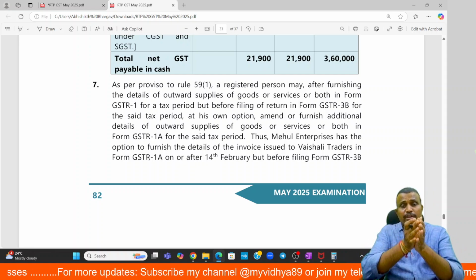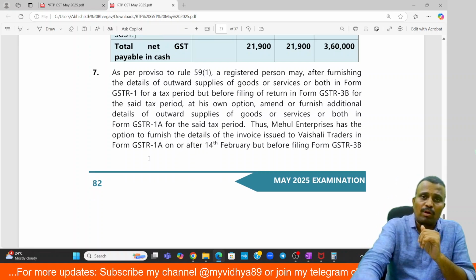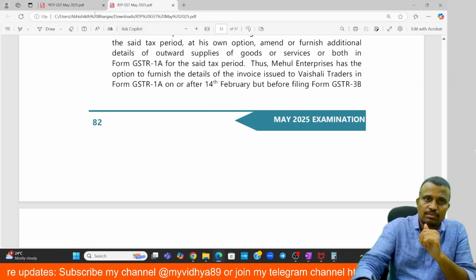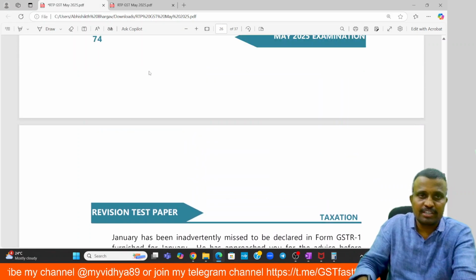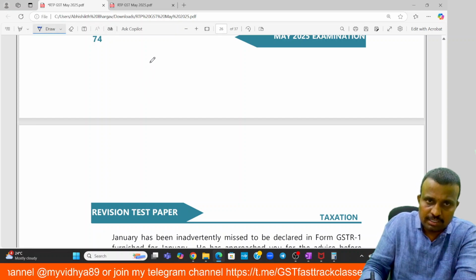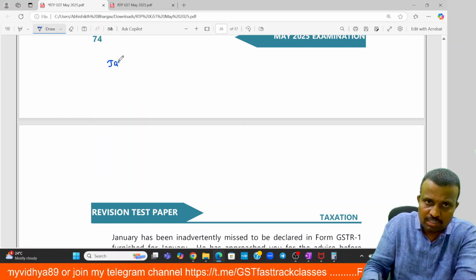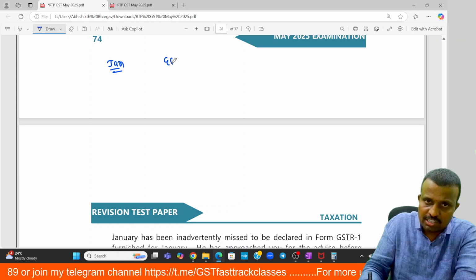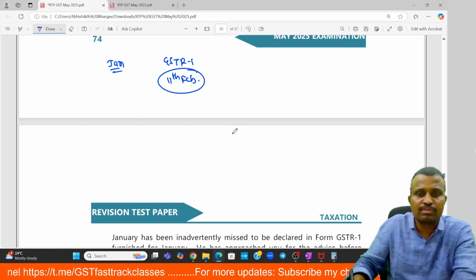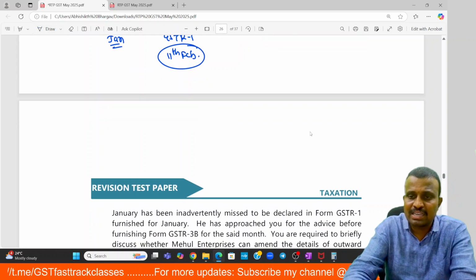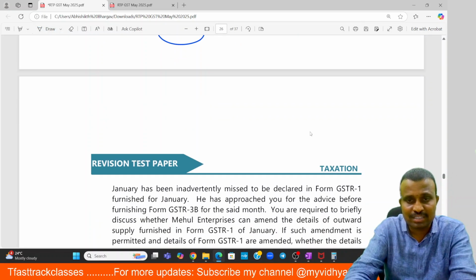But here the point is, for example, for the month of January, GSTR1 was filed by the party on 11th February, and the party is yet to file the GSTR 3B.